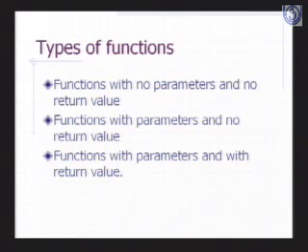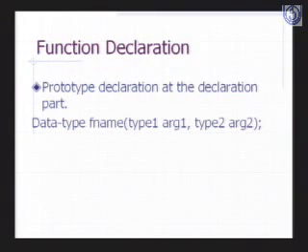In the earlier kind, we need not mention the return data type; we can use void. But in the third case we have to specifically mention the return data type. So how do we declare this function?